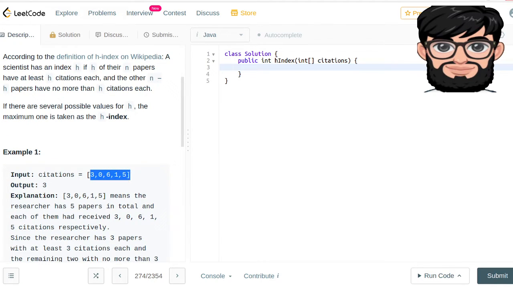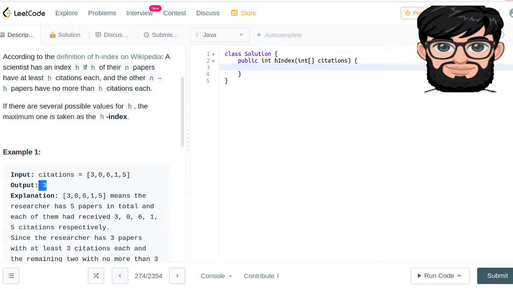So if we have these ones, the scientist wrote 1, 2, 3, 4, 5 papers. Other people cited his zeroth paper 3 times, the second paper zero times, the third paper 6 times, the fourth paper 1 time, and the fifth paper was cited 5 times.